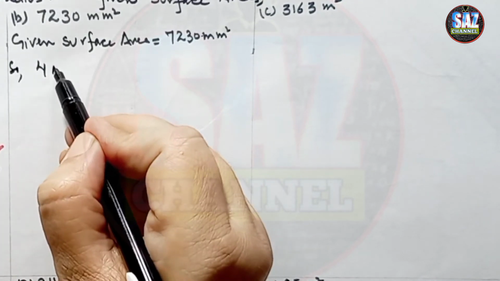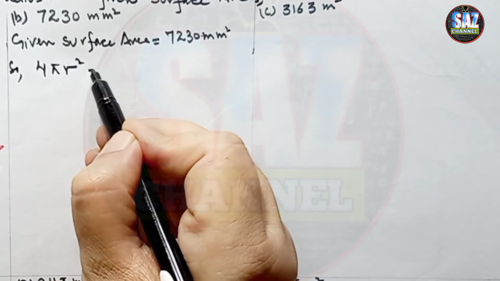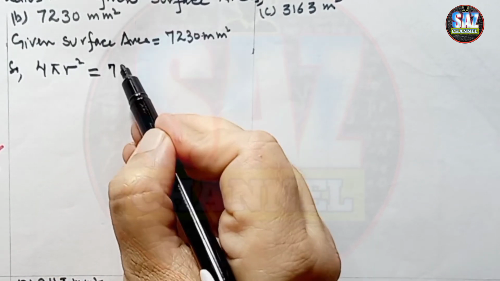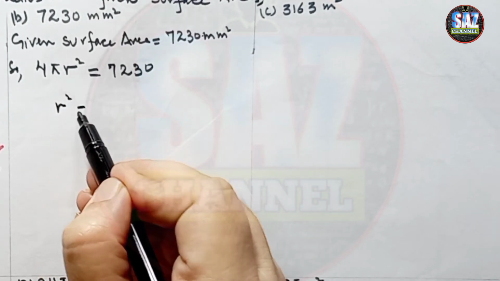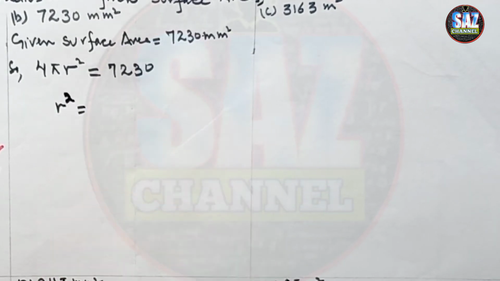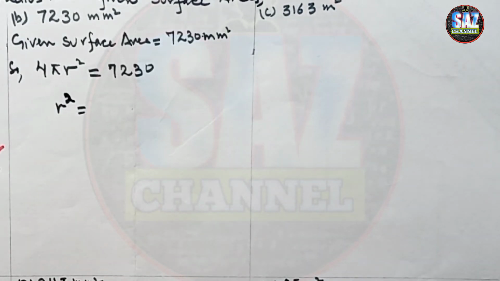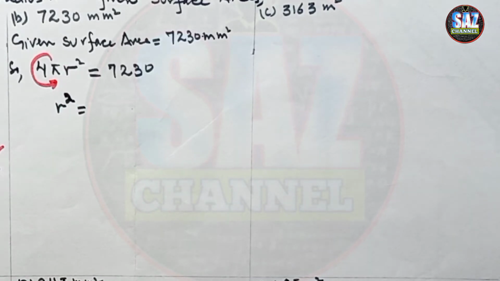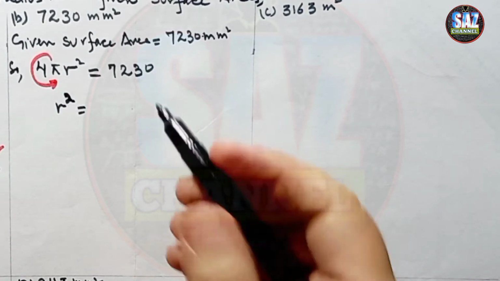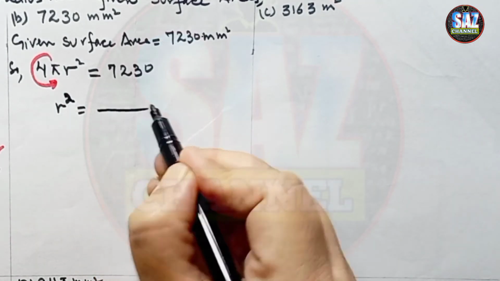So 4 pi r square will be equal to 7230. r square will be equal to, again shift this 4 pi to other side. As this is multiplied here, so when it will be shifted to other side, we have to divide it.